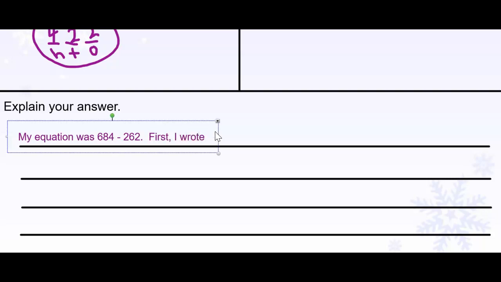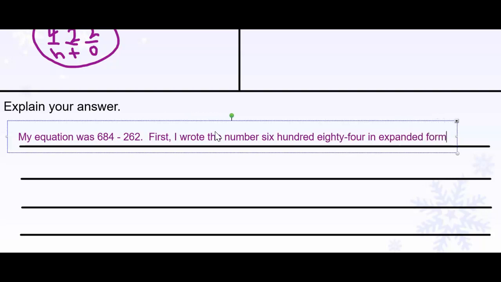Now it's time for us to explain what we did. Here we go. My equation was 684 minus 262. First, I wrote the number 684 in expanded form.